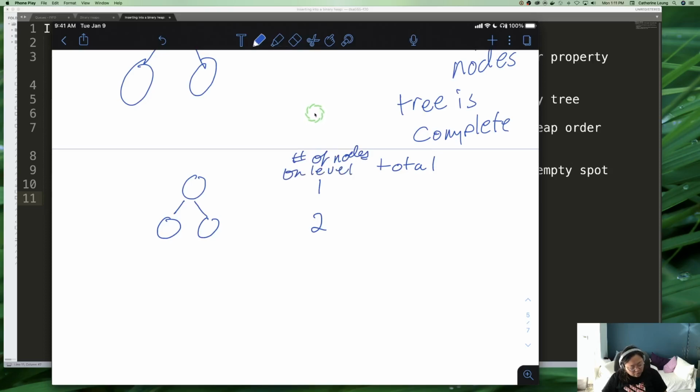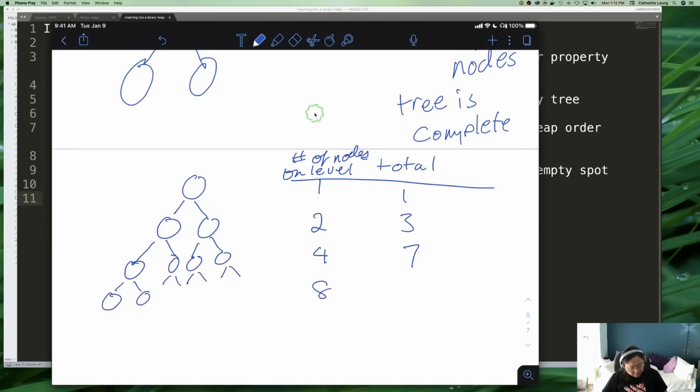So the total number of nodes here is 1. The total number of nodes at this point would be 3. If I added another level, there are 4 nodes that I'm adding here. And so the total would be 7, okay? If I add another level, there would be 8 nodes at this level.